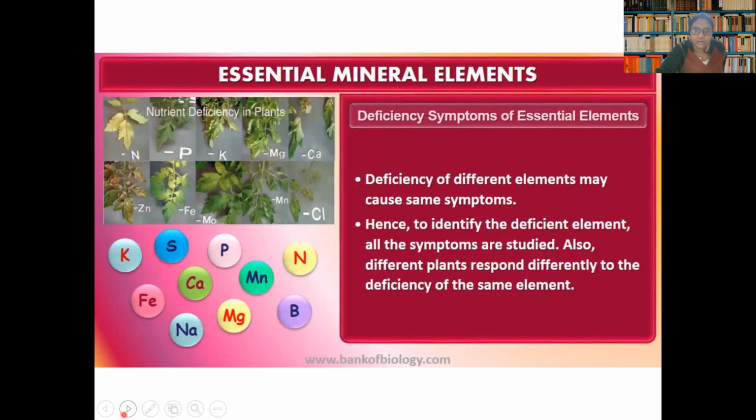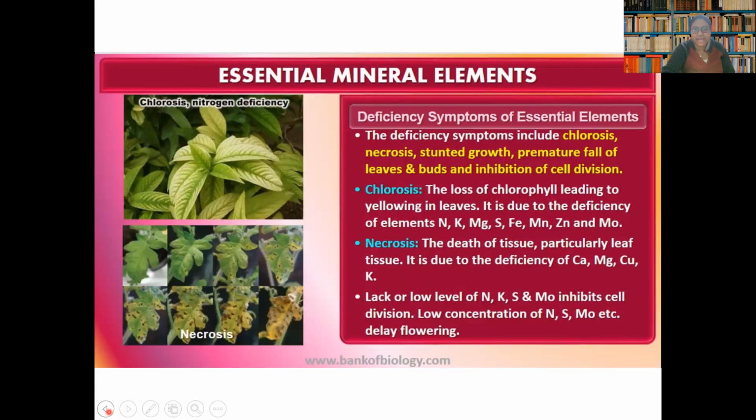Now we will talk about the thing which is very important. You can see that deficiencies of many elements are responsible for a single symptom. For example, if a plant has iron deficiency, then also it will have chlorosis.